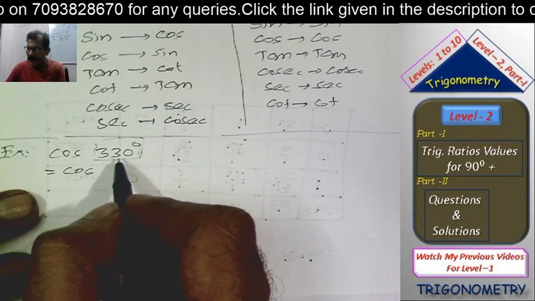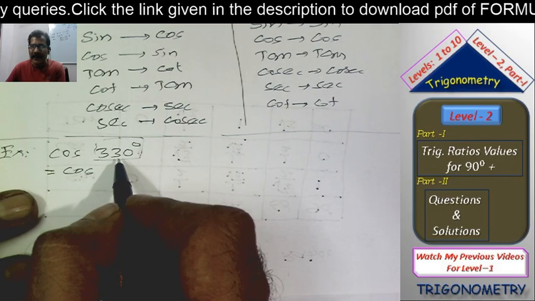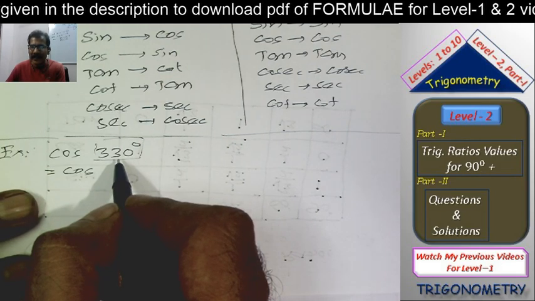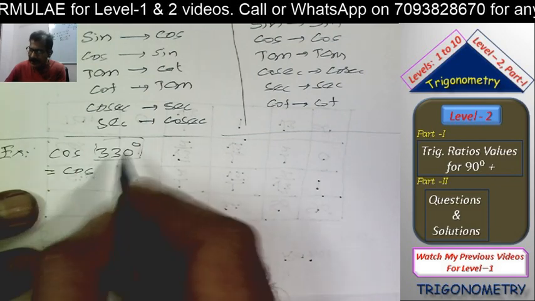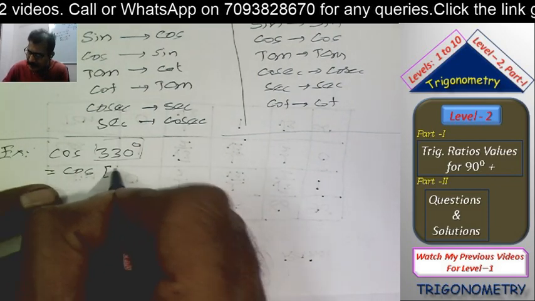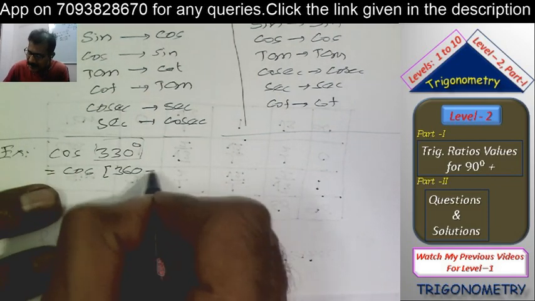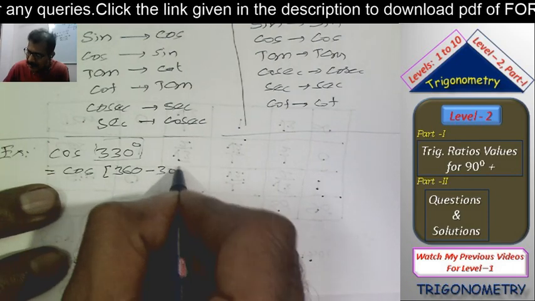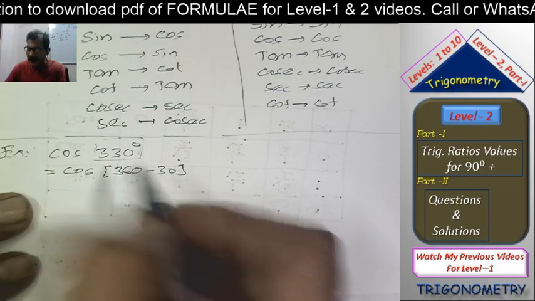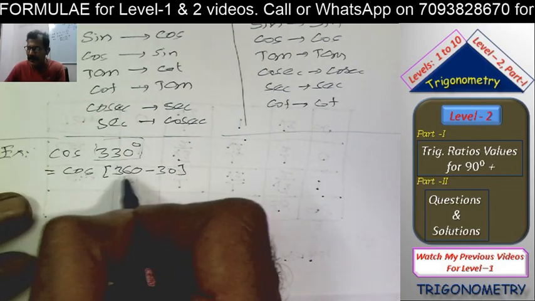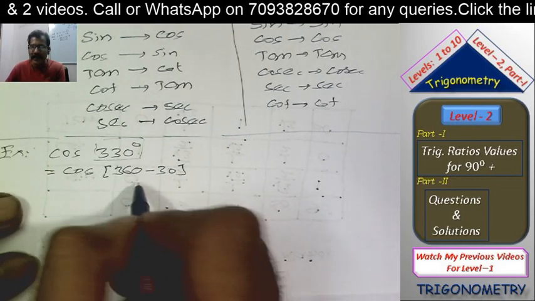Out of 90, 180, 270, 360, the highest value preferably is 360. So 330 degrees you can write as 360 minus 30, which is exactly equal to 330. This is the first step you need to write, the angle split into some 180 plus or minus or like that.